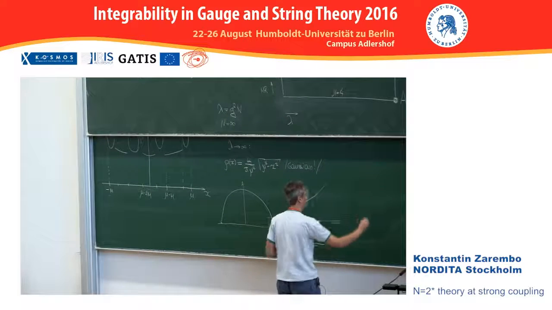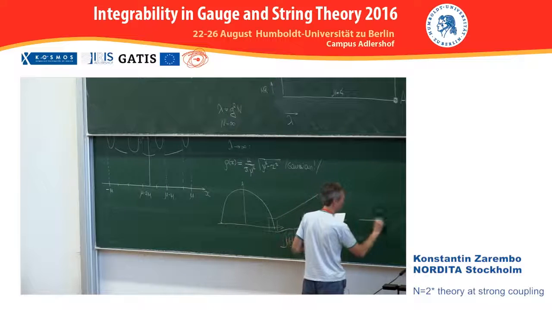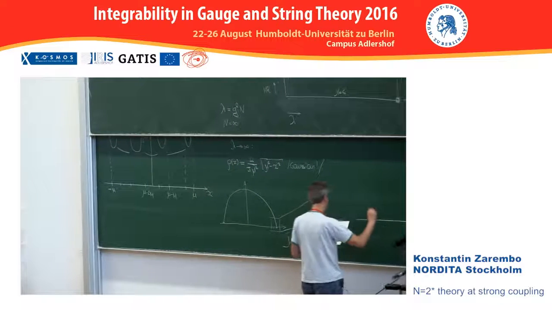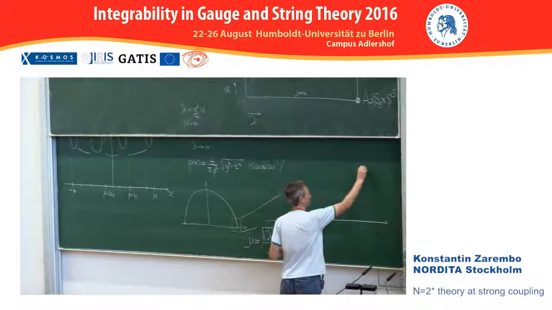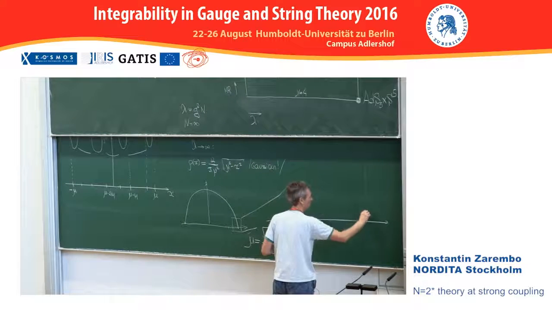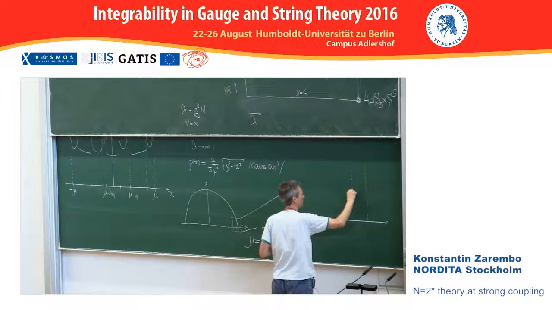So near the boundary, the distribution of eigenvalues still has a lot of singularities.